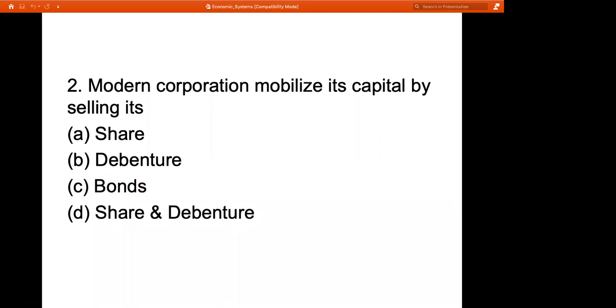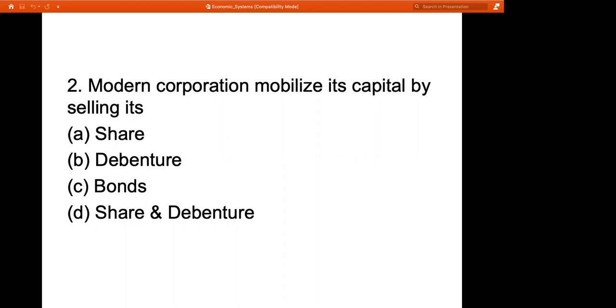A modern corporation mobilizes its capital by selling its shares, debentures, bonds, or some of the instruments, but not any corporations. Shares, as you must all be aware, are what the companies give.